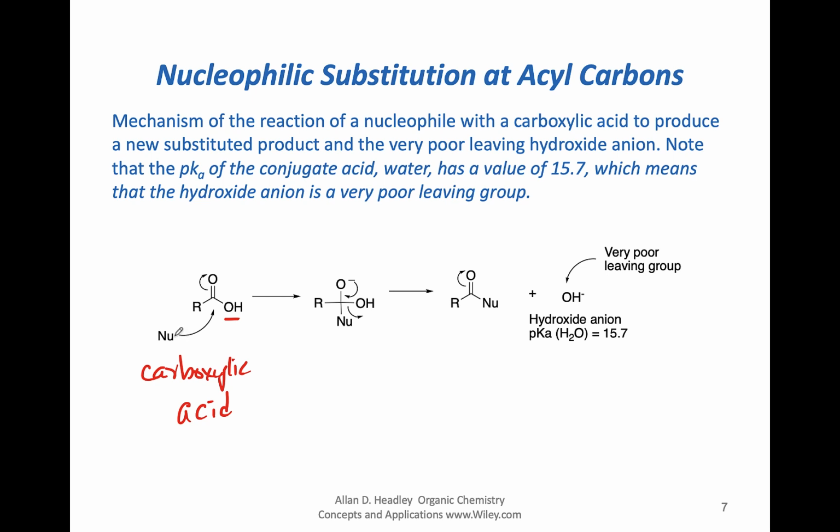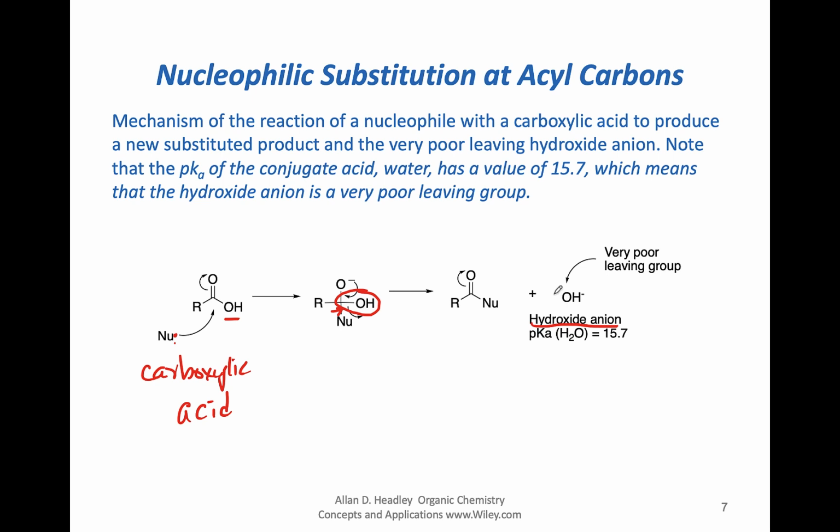So let's see. Here are the electrons from the nucleophile. It can come in and form a bond right here. And of course these electrons will go up. These electrons will come back in to form a carbon-oxygen double bond, and this will leave with its electrons. You'll recognize that to be the hydroxide anion.